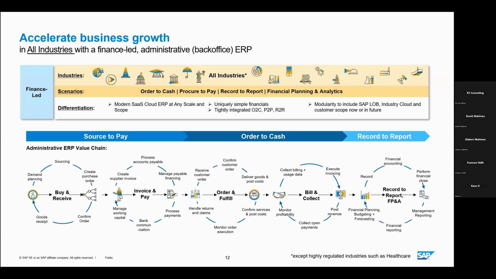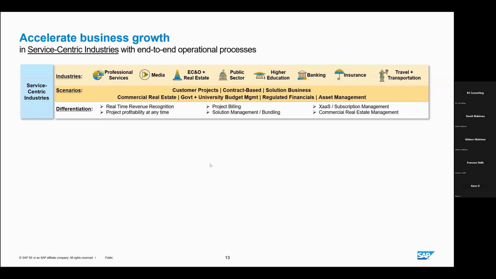So some of the industries, service industry we focus on, as on the slide, is professional services, which is our focus. We also provide solutions for public sector, banking, insurance, travel, and transportation.